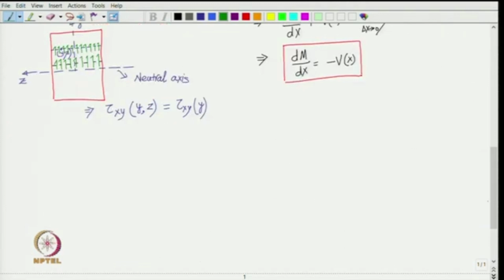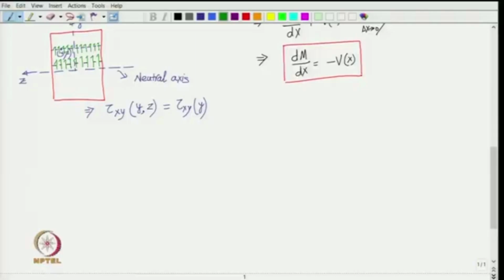So, to find this distribution of shear traction, we will have to cut out a small piece from the beam. So, let us draw a 3D diagram of the rectangular beam first.